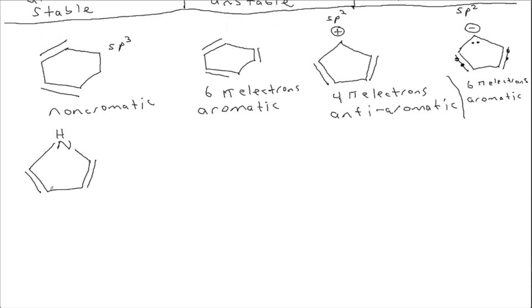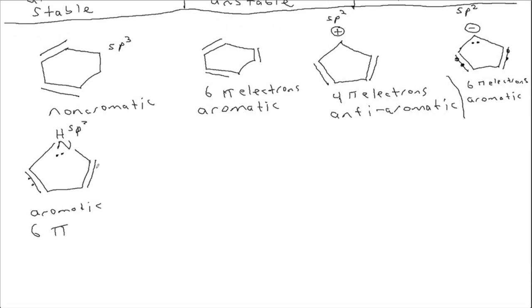Okay, well, take your time and try to apply the same approach here. Let's figure out what category this is. This is also aromatic because it has 6 pi electrons, and all of them are sp2. The nitrogen is sp2 because of the exception, and it has a lone pair.